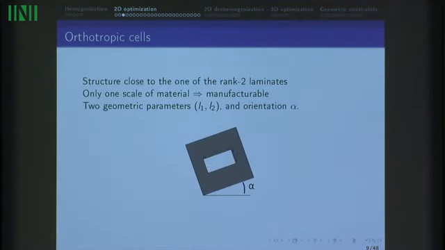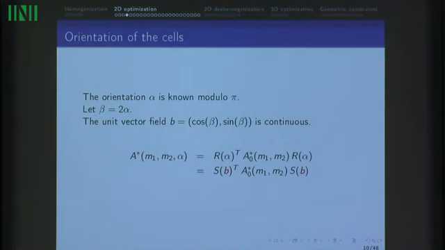So here, exactly as before, we have used this kind of periodic cell, so it's a square. The geometry parameters will be the size of the hole, and we add an orientation of the cell. There are some issues with this orientation, because the orientation alpha is only defined modulo pi.